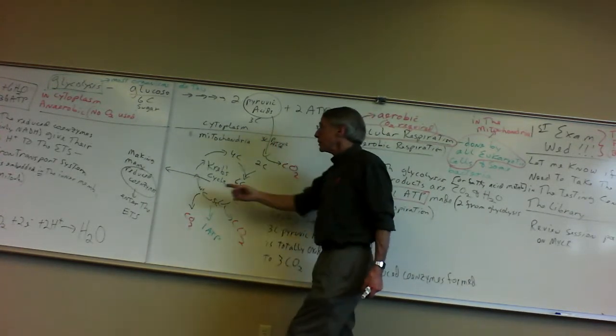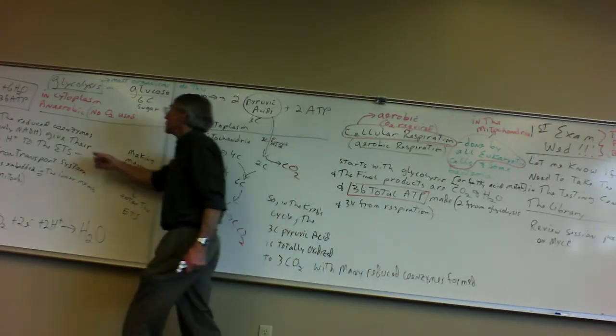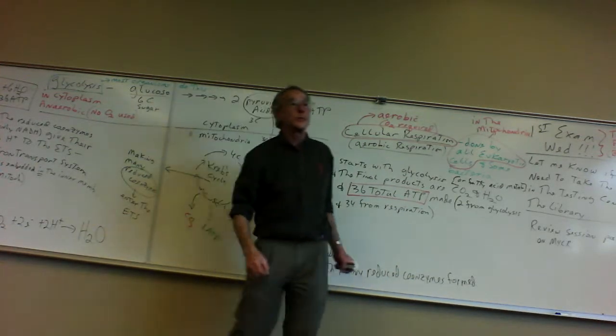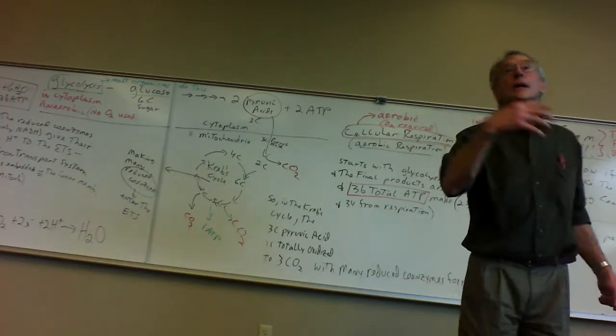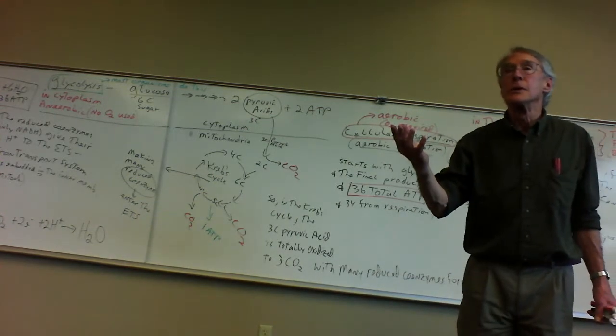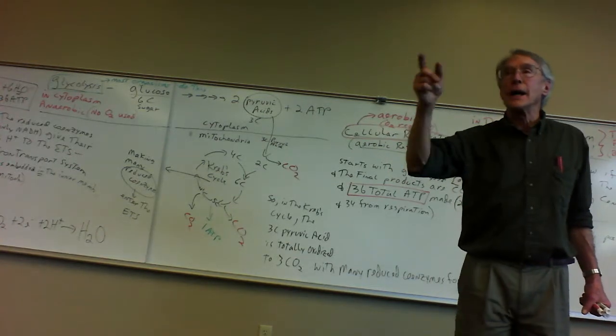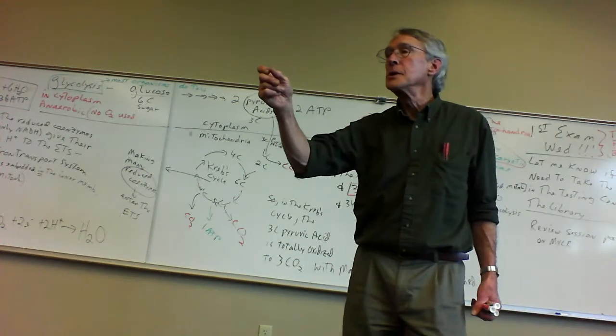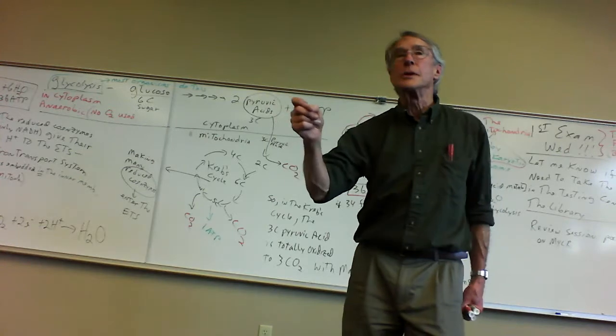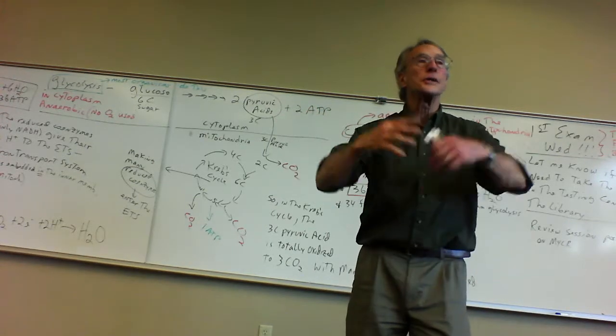You make a whole bunch of reduced coenzymes, which feed into the electron transport system, and then you make a whole bunch of ATPs. 3 ATPs for every NADH. And then what's the final acceptor of the electrons? Oxygen.